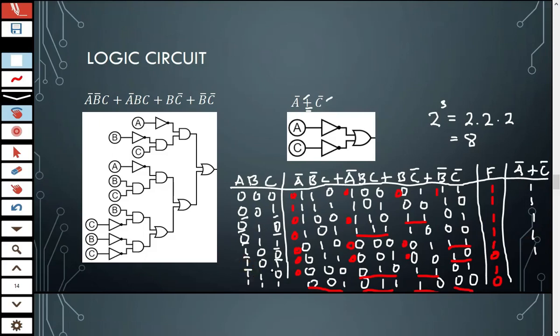And then 0 plus 0, this is 0. And then 0 plus 1, we get 1. And then 0 plus 0, we get 0. Okay, so as you can observe, the column F is the same as the column not A plus not C, which indicates that not A plus not C is the same as these long expressions here.